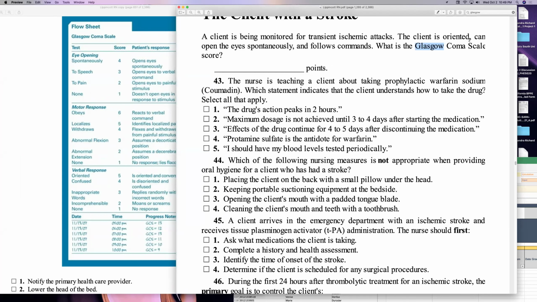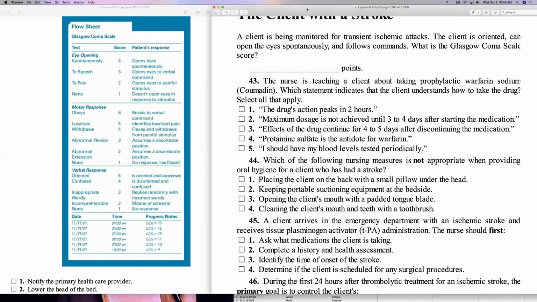A client is being monitored for transient ischemic attacks, mini strokes. The client is oriented, can open the eyes spontaneously, and follows commands. What is the Glasgow Coma scale score?